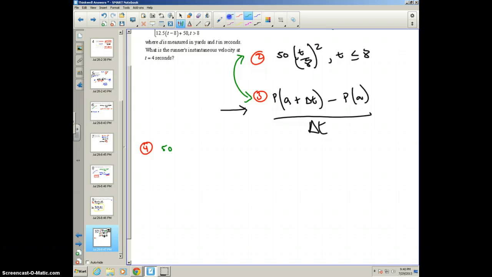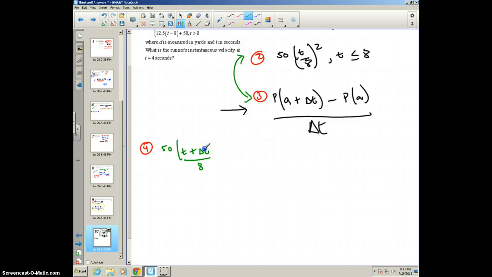So we have our 50. Inside we have our t plus delta t over 8. What we're basically doing is taking this part, t over 8 squared, and putting it right in here: t plus delta t over 8.